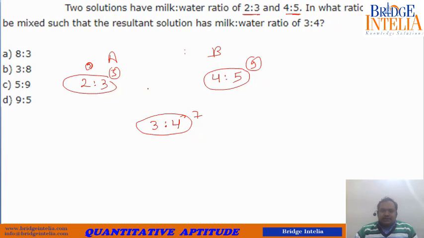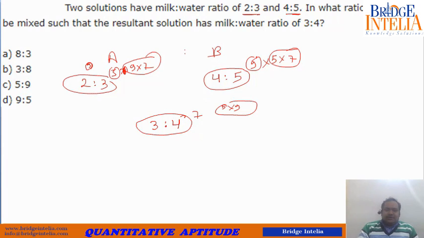So this LCM comes out to be 9 into 5, 45 into 7. So basically if you multiply this with 9 into 7 and this with 5 into 7, and this you need to multiply with 5 into 9 to make terms homogeneous.